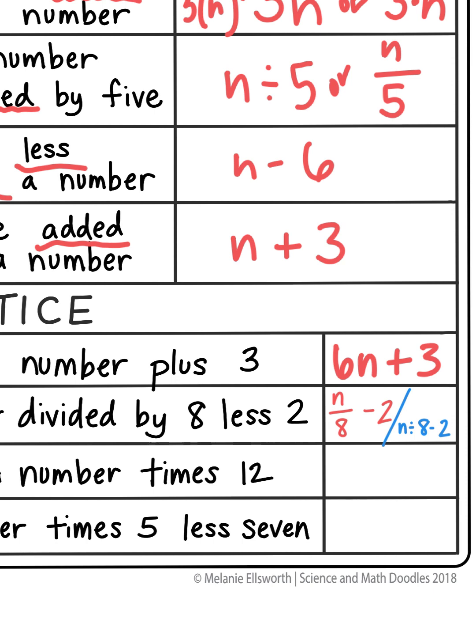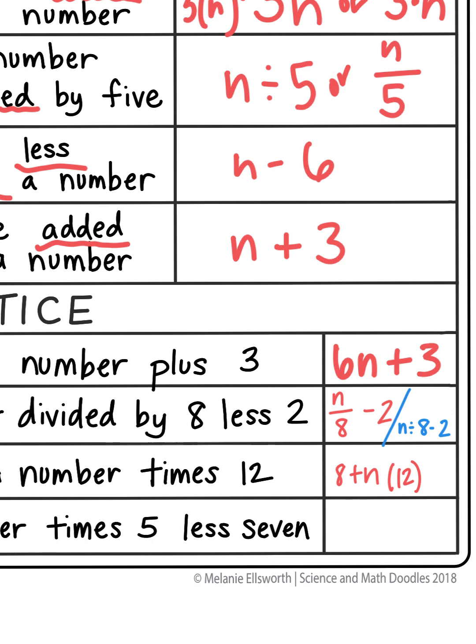We're not solving anything. Okay, 8 plus a number times 12. So what is that going to look like? 8 plus n, and then times 12. Dot 12? Oh, no, it's not that. It could not be a dot, times 12 like this.